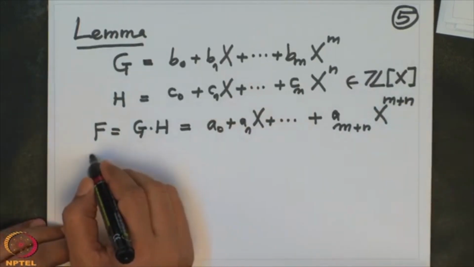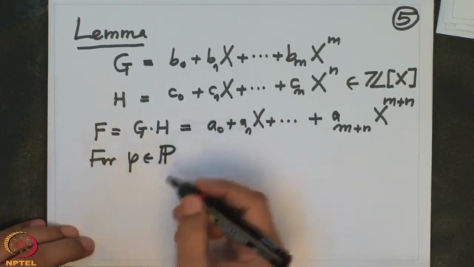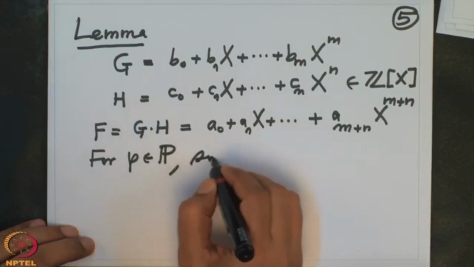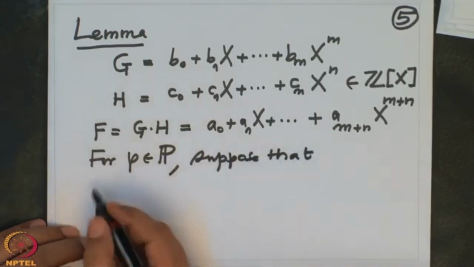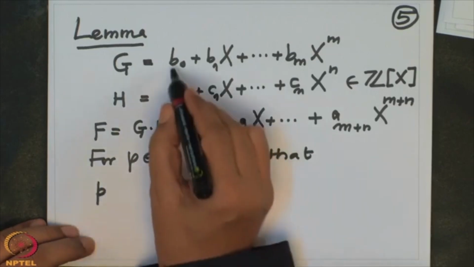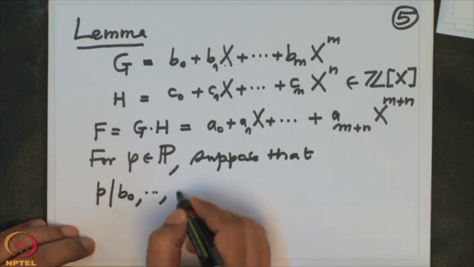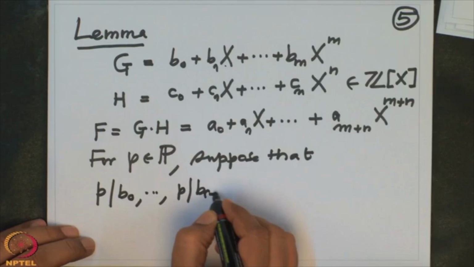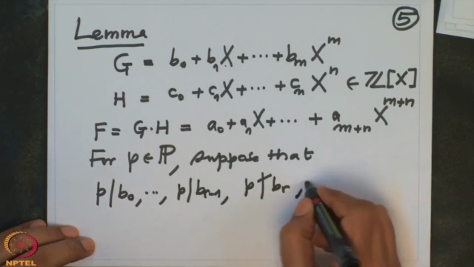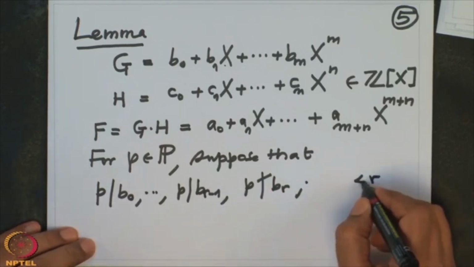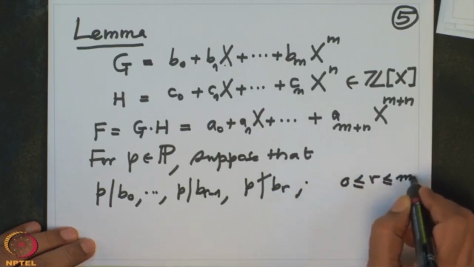Okay, for a prime number p, suppose that p divides these coefficients up to some place: p divides b0, up to b(r-1), and p doesn't divide the next one, br, where r is between 0 and m minus 1.